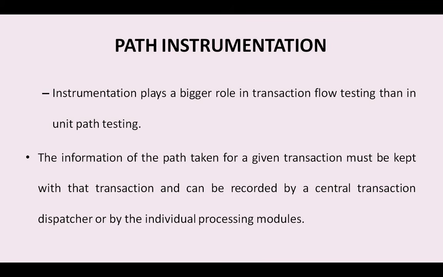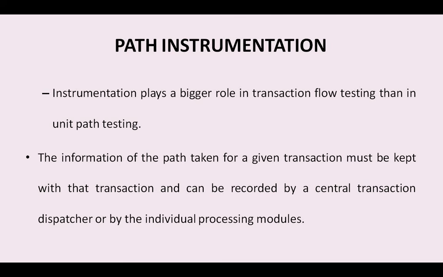In path instrumentation, the information about the path taken for one transaction must be kept with the transaction and we have to record it by the central transaction dispatcher or by the individual processing modules. That means we are recording the transaction. Whatever path is covered by that particular transaction can be recorded by the central transaction dispatcher or individual processing modules.